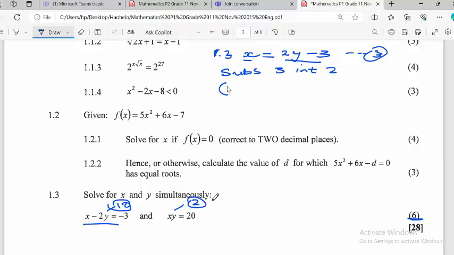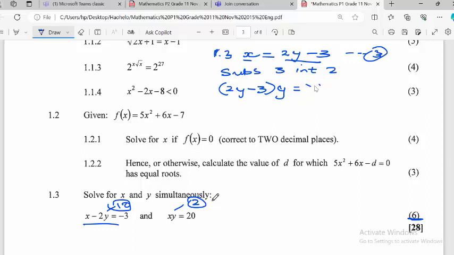I'm going to write 2y minus 3. Essentially, even in computer science, they say this variable is equal to that. So when you type a variable, automatically it pops out this content. But we are not doing computer science here. We are just doing maths.